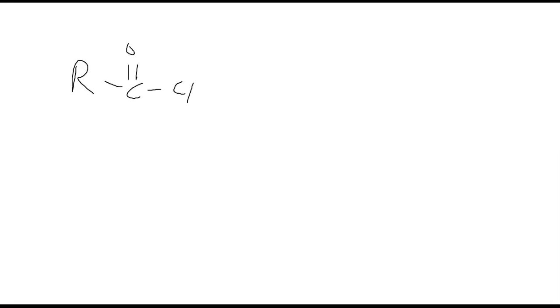Essentially, the Gilman replaced just the chloride. It doesn't attack the carbonyl. I mean, it does attack the carbonyl, but it doesn't keep attacking the carbonyl. It will only replace that chloride. Essentially, there's a way to just form a ketone.